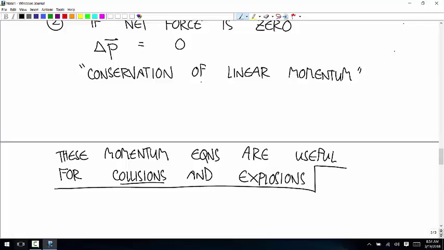Well, I mean, you can use these equations if you're trying to figure something out for what happens in an explosion. Okay, so if you see a problem and it deals with a very short duration of time, impact between things, or an explosion, you know that you're going to use the momentum equations.